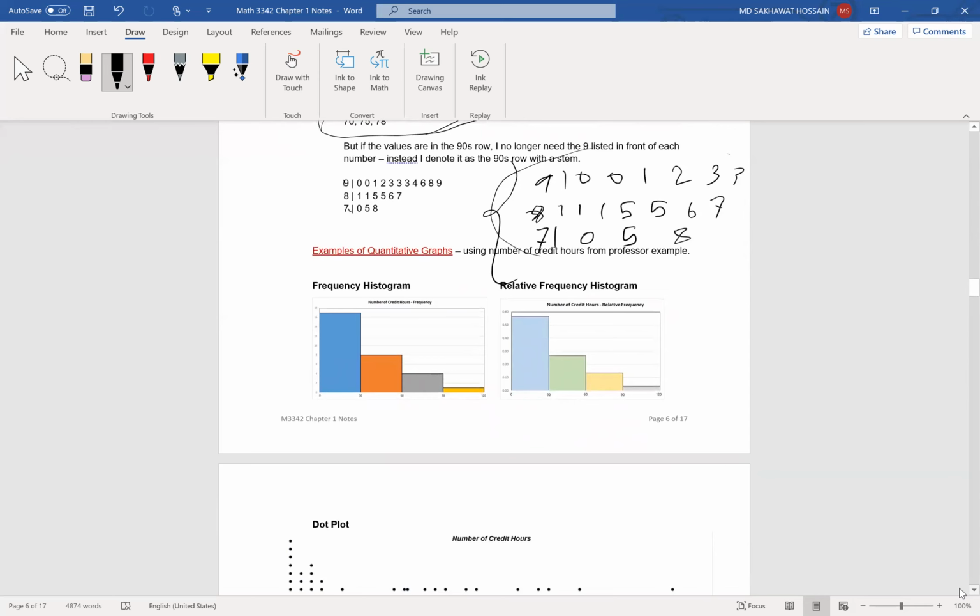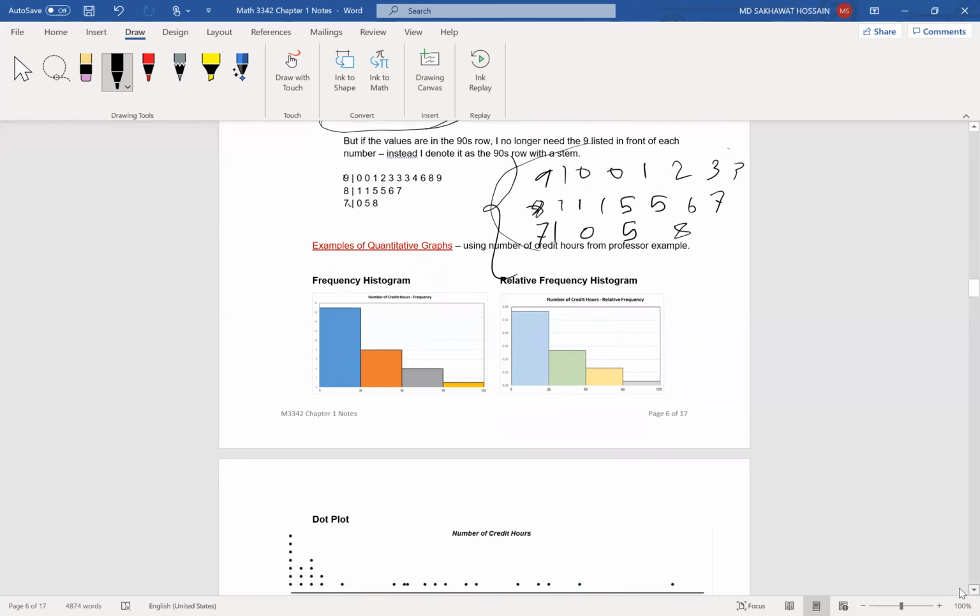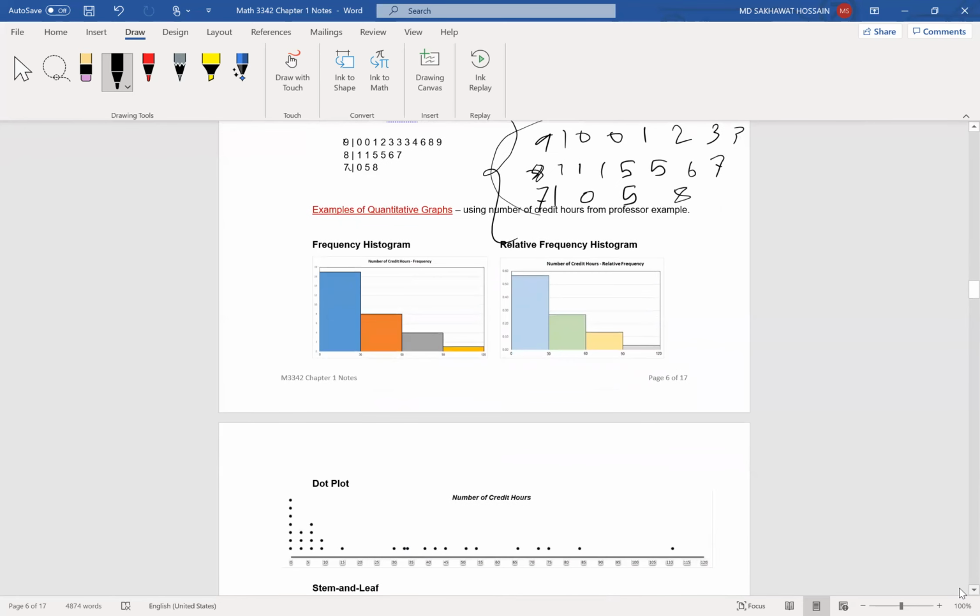Similarly, there are other representations. We can also use a histogram and a dot plot. For a histogram, the x-axis represents the groups. In our previous data set, we had 4 groups: the first group was 0 to 29, then 30 to 59, and we had the corresponding frequency.